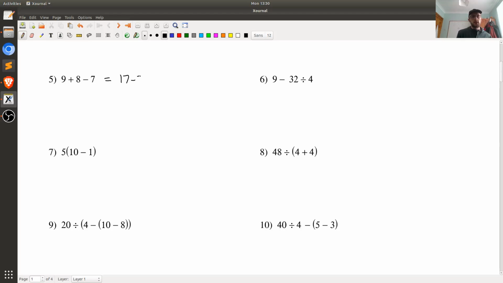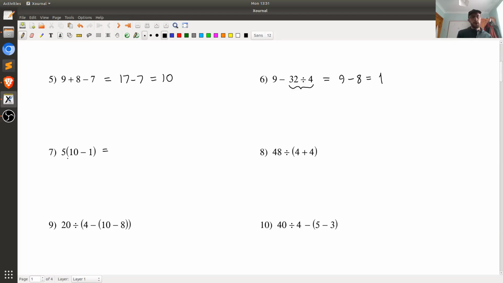That's 17 take 7, which is 10. And now 9 take 32 divided by 4. Well, what's 32 divided by 4? That would be 8. So it becomes 9 take 8, which is 1. Again, we do division before subtraction because D comes before S in BIDMAS.